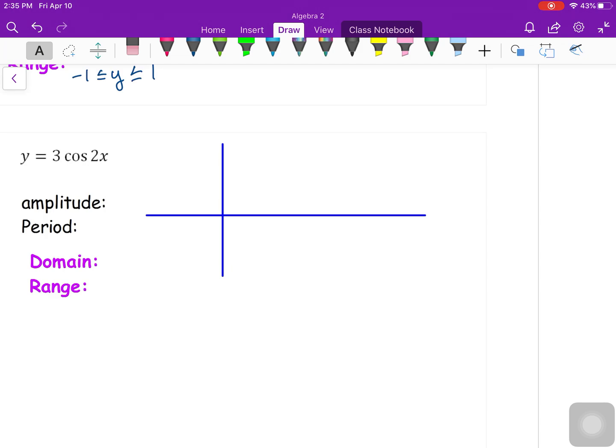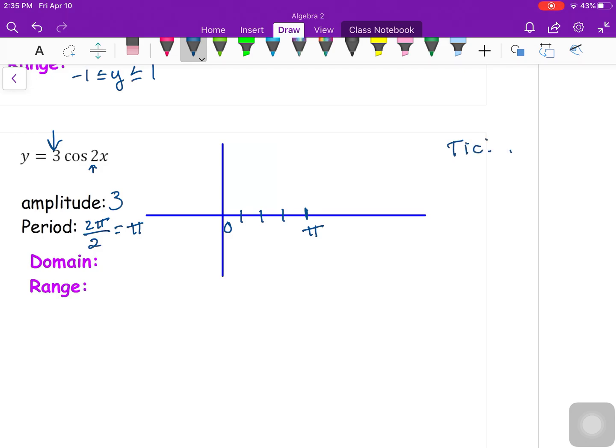Let's try 3 cosine 2x. My amplitude, my A, is 3. My period for cosine is 2 pi, but I have to divide out the 2. So that gives me a period of pi. So here's 0. Here was pi, so I have to divide that into fourths.